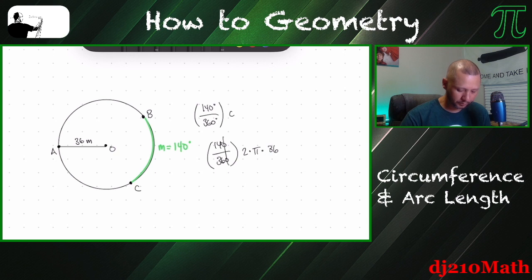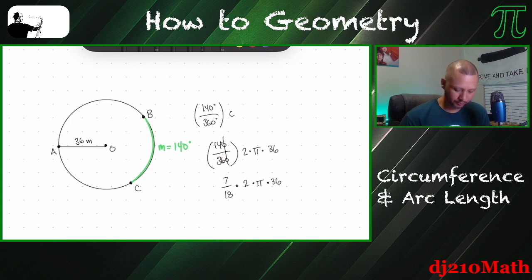I'm going to reduce the fraction as much as I can. So 7 over 18: half of 14 is 7, half of 36 is 18. And this is times 2 times pi times 36.